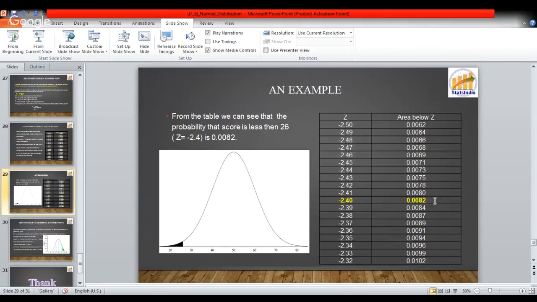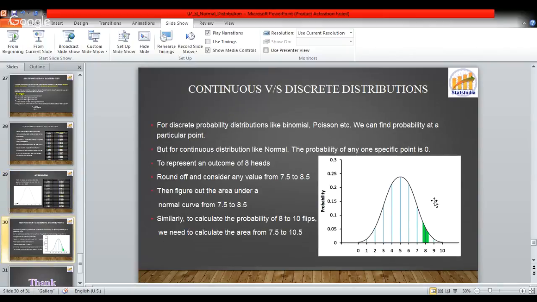This is the continuous distribution, and we have found the continuous values. But suppose a discrete value is given and we want to find its probability.